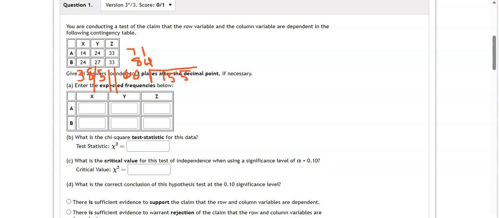All right, so what I'm going to do is for 14, I look across to the row total that corresponds to 14, that's 71, and I look down at the column total that corresponds, that's 38, and I take 71 times 38 and I divide that by the complete total, the 155.